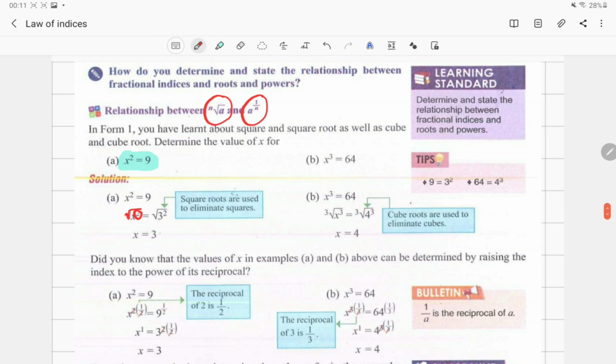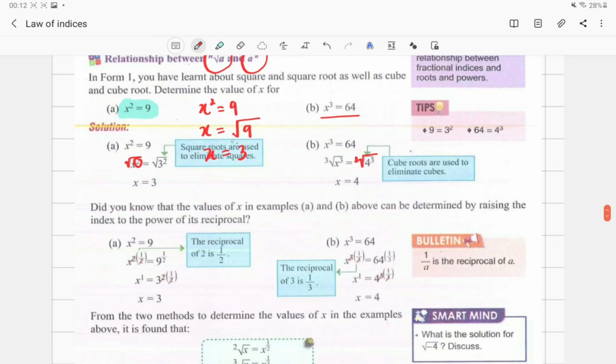So the answer is x equals 3. Same goes to this example, x cubed equals 64. When we want to know the value of x, we find the cube root of 64. So we get x equals 4. So cube roots are used to eliminate cubes.